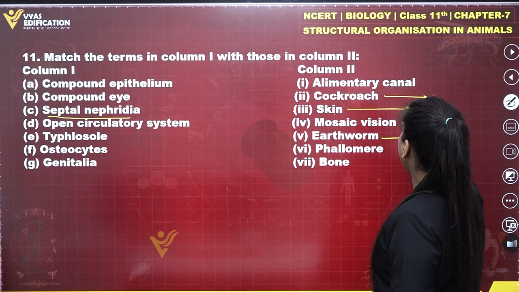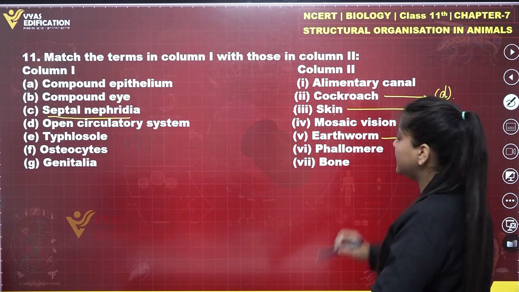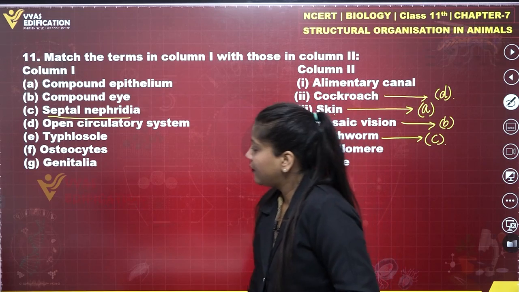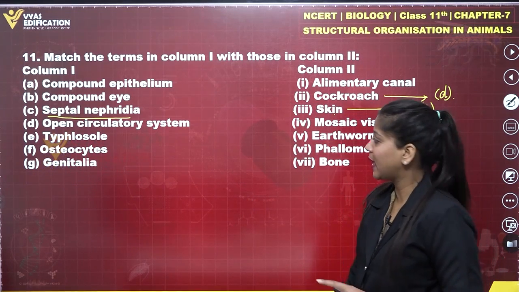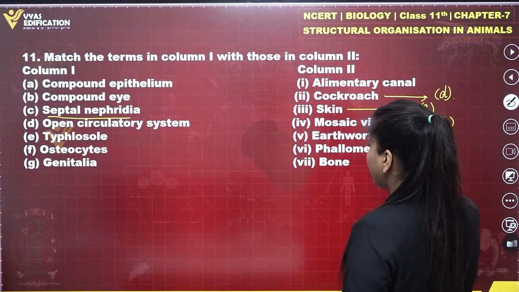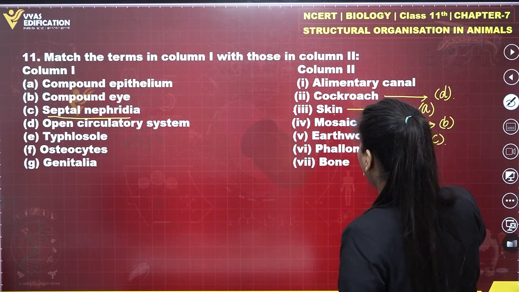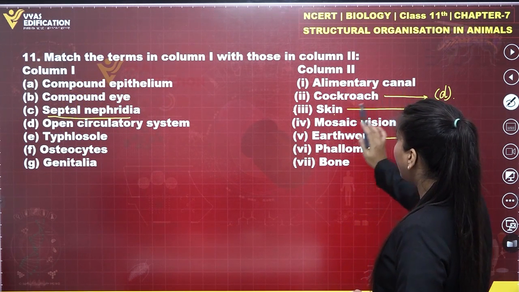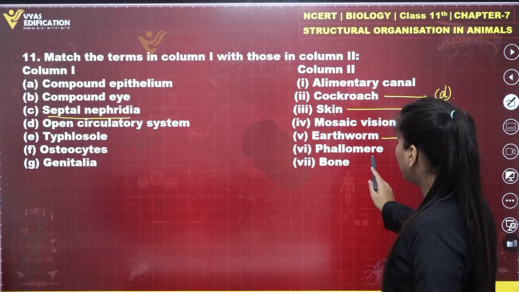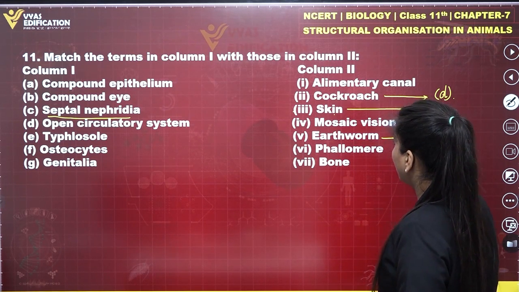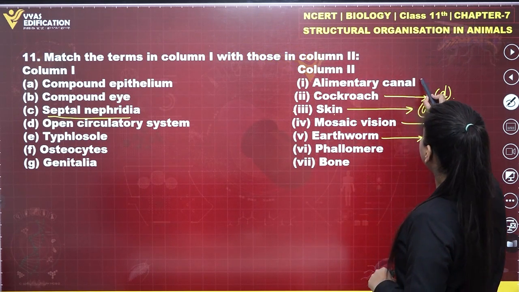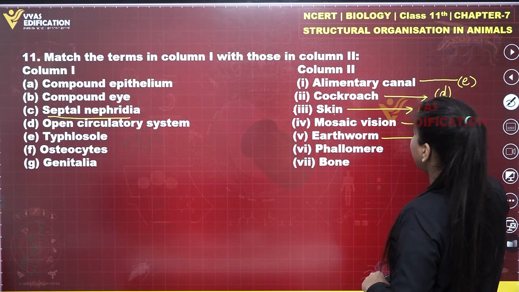So this is your answer for D. Now we have E, typhlosole. Typhlosole will go with alimentary canal, leaving us with telomere and bones. This is the answer for E.